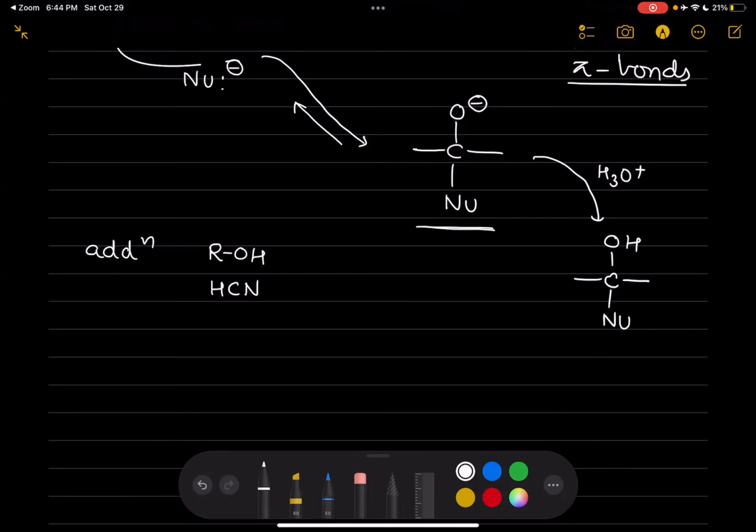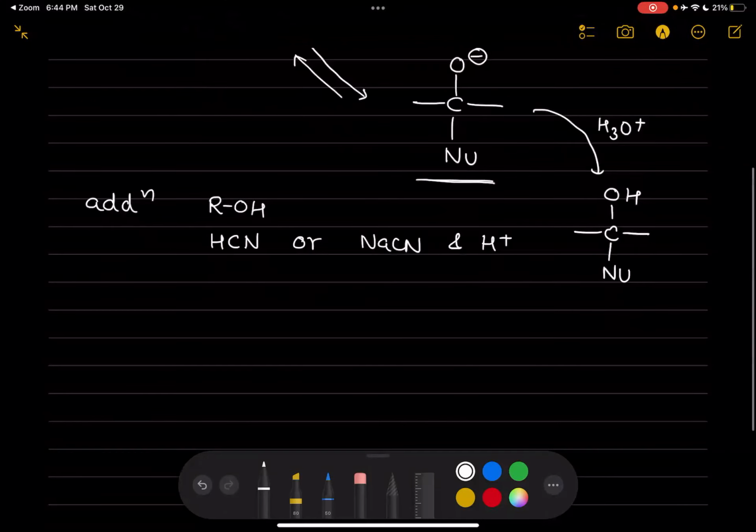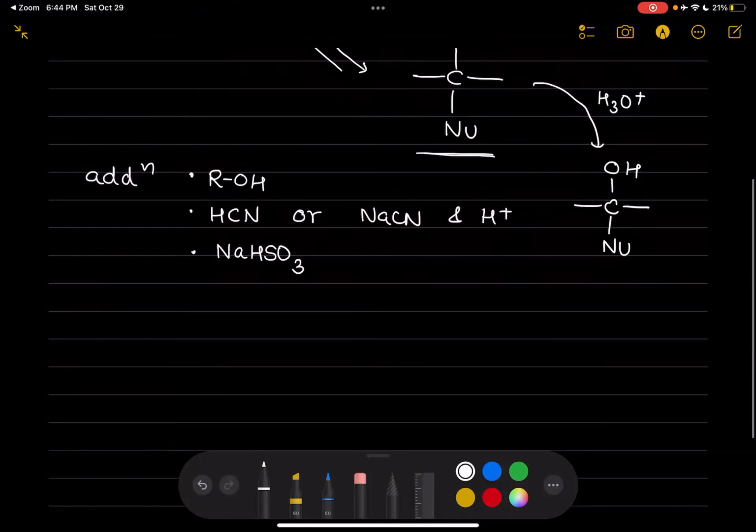So NaCN and H plus, because you can bring in the NaCN and then bring in H plus later on. Addition of NaHSO3. This is called sodium bisulfite addition. And how it occurs, which is the attacking atom, that we need to discuss.